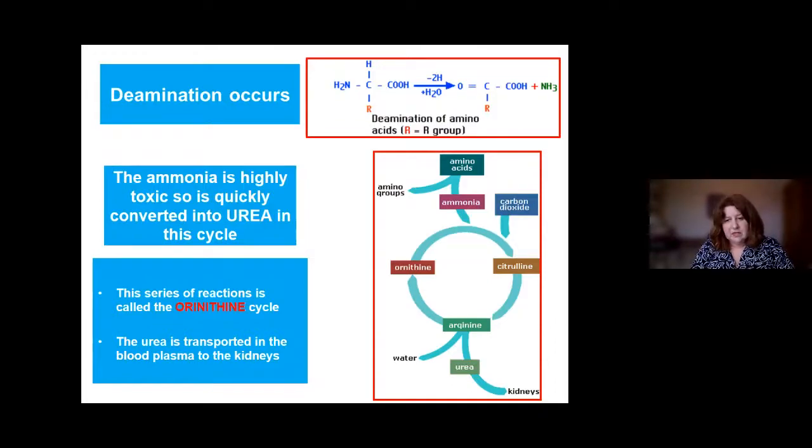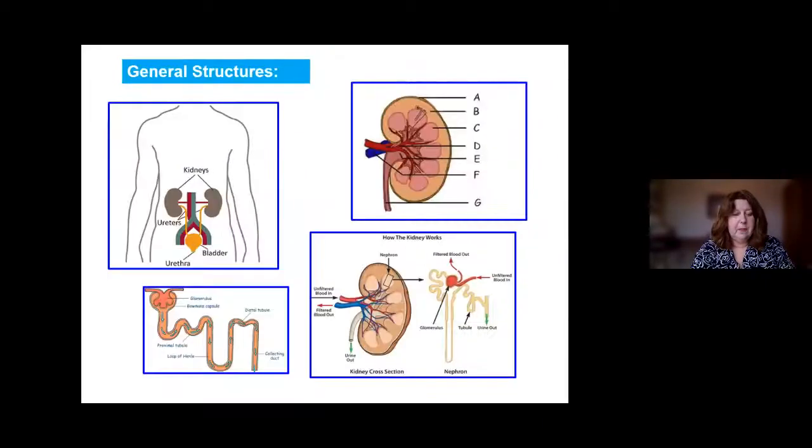Okay, so you don't need all of the details that I'm showing you there as part of the ornithine cycle, but it's just there to show you that the amino groups, once converted into ammonia, are then converted into urea, and it's taken in the blood plasma to the kidneys.